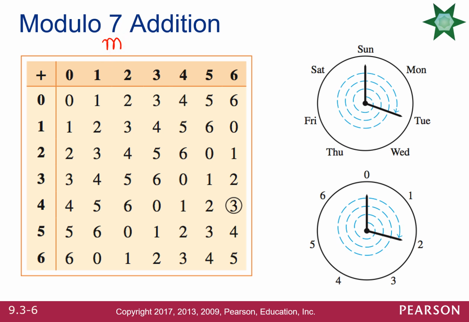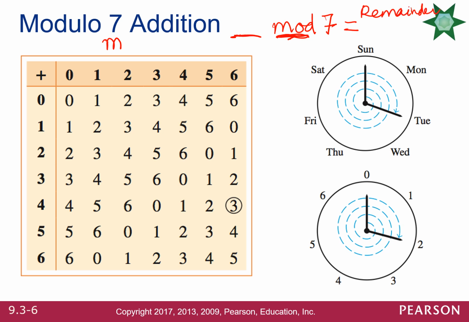So the answer from a modulo 7 system will be any number mod 7. All right, we do not use the word division or the sign of division. We say mod because we are interested here in finding the remainder from a certain division that we perform. So some number mod 7 is whatever the remainder from a division is.